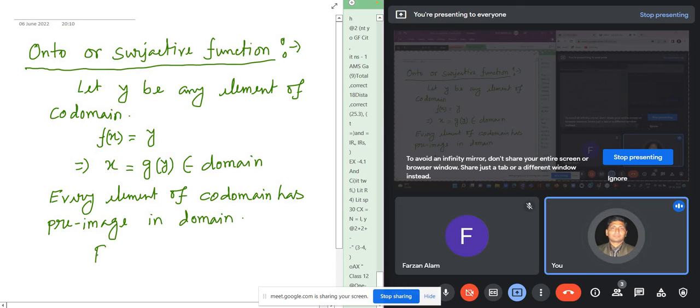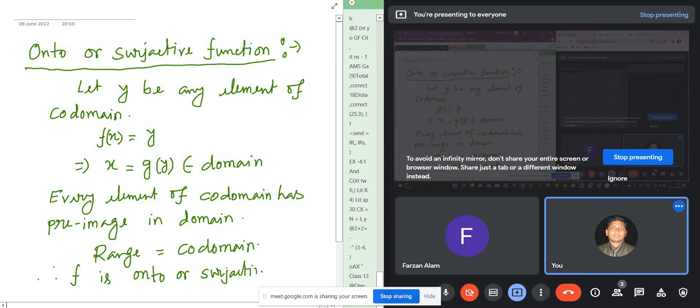That means range equals codomain. If every element of the codomain has a pre-image, it means range and codomain both will be equal. After that you can write f is onto or surjective. This is the first type.